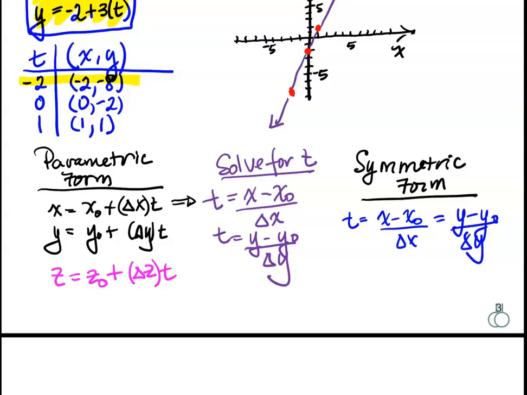And if I solve for t like I did with x and y, I get something similar, z minus z naught over change in z. Which means over here, in symmetric form, t is also equal to z minus z naught over change in z.